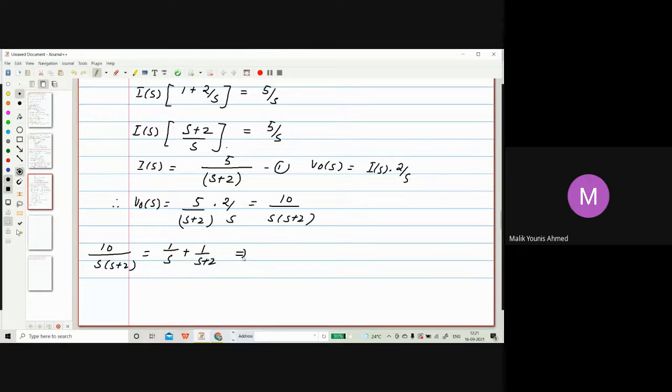So we can further write 10 equals, multiplying by the denominator, A into S plus 2 plus B into S. So A into this and B into this. So substitute the value of S equal to 0.